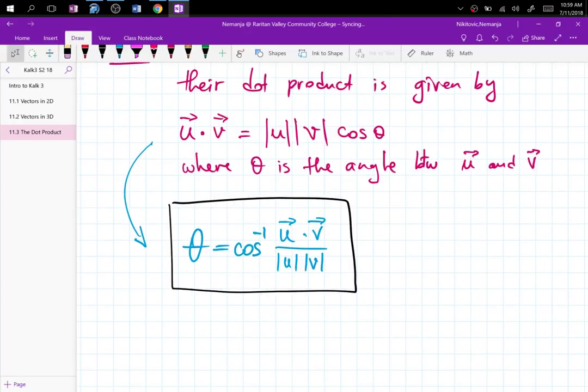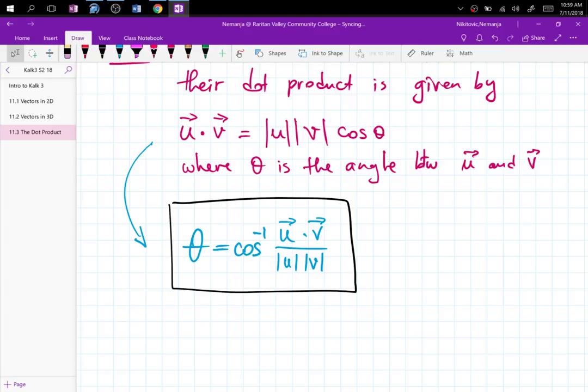looking at the red formula, the original formula up there, another concept should be clear. If two vectors given to you are non-zero vectors, that means their magnitudes are not zero. So the only thing that could be zero is the cosine of an angle. If the angle is 90 degrees, you get 0 there.